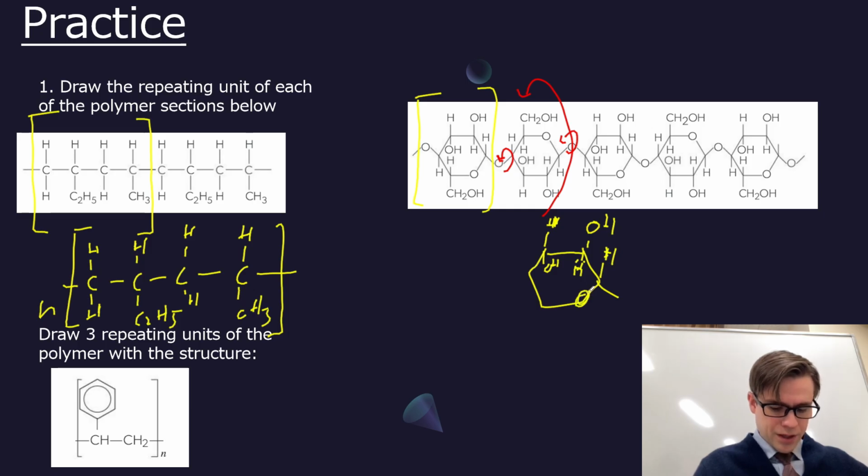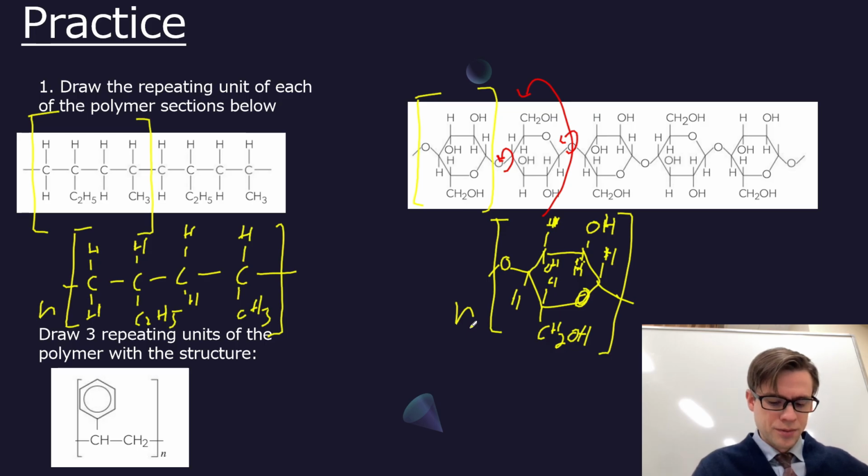This one here is not a carbon, actually, it's an oxygen. H, CH2, OH, H, oxygen, extending bond. So in theory, this repeated should cover this whole polymer through rotations. So we'll use the square brackets to show extending bonds going through it. N of this can create this polymer again.